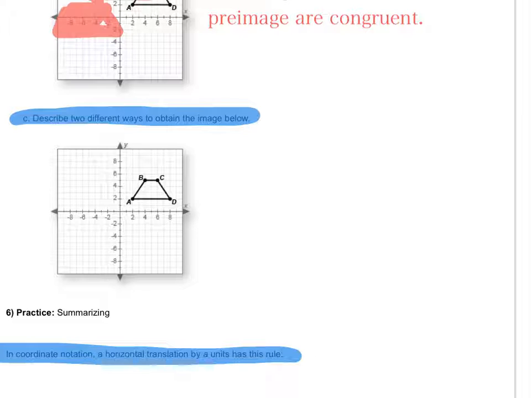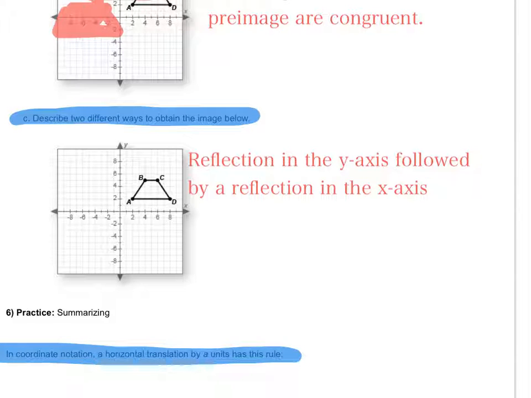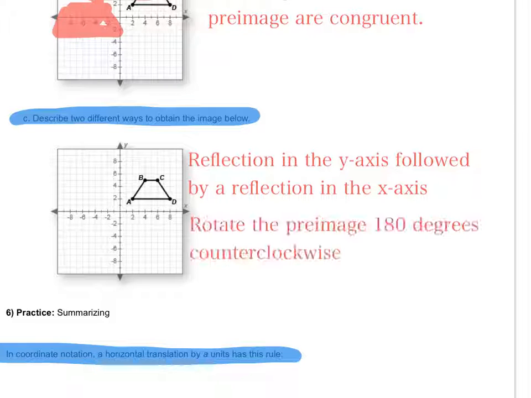Those 2 should get you the exact same image. The other way would be to rotate the pre-image 180 degrees counterclockwise. And there you have your 2 ways that you could obtain the final image of that trapezoid.